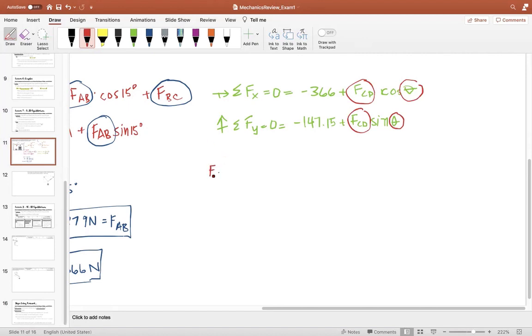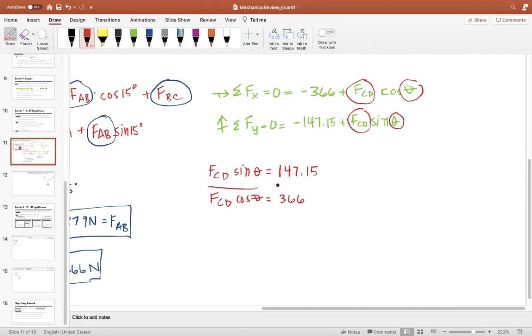so it's FCD sine theta, which is 147.15, the whole thing divided by FCD cosine theta, which is 366. Technically, I'm not dividing the equations by each other, I'm dividing the sides by each other.